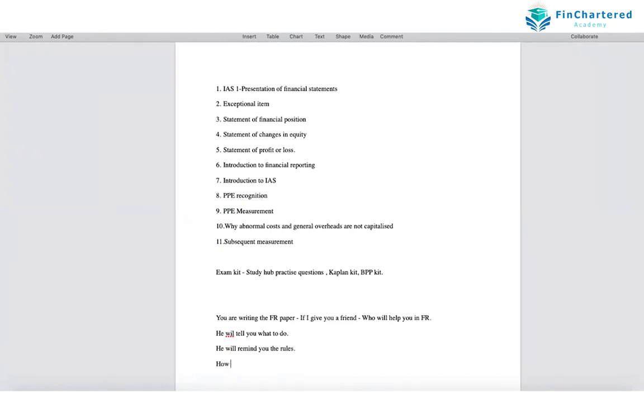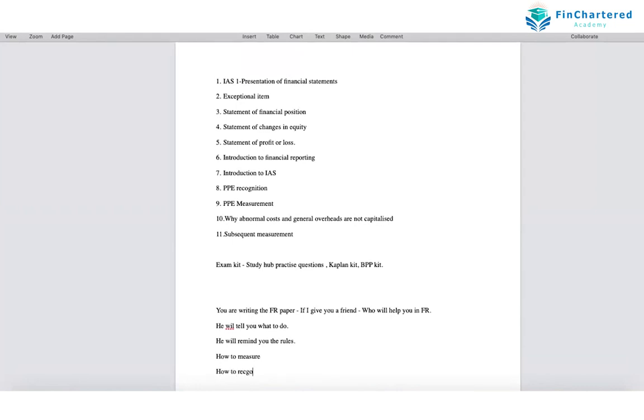He will tell you how to measure items on the financial statements. He will tell you how to recognize items on the financial statements. He will tell you everything A to Z. Basically, you have a cheat code. You have a friend who will help you. How many of you want a friend like this? Raise your hands or type it in the chat box or unmute and speak. Quickly, Shivangi wants a friend like this. Moeen wants a friend like this.